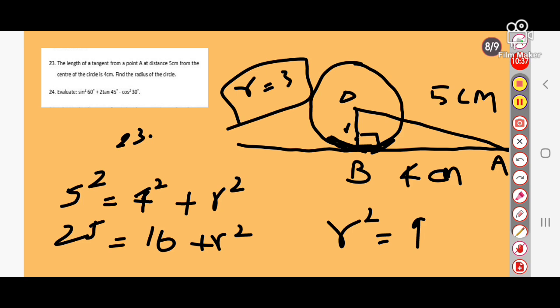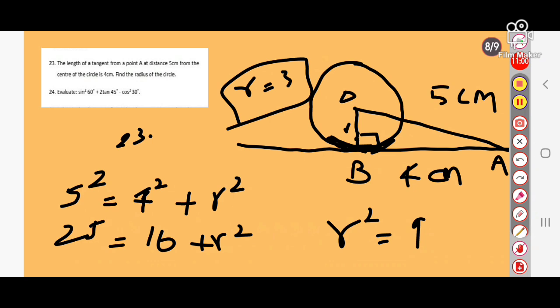Just don't see the problem and think it is very complex. Just solve it, just draw the diagram whatever the question may be. In case of areas related to circles, quadrilaterals, triangles, just draw the diagram so that it makes it very easy to think in different or multiple ways, right?